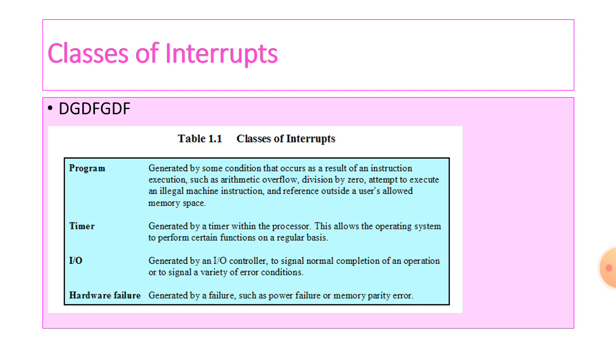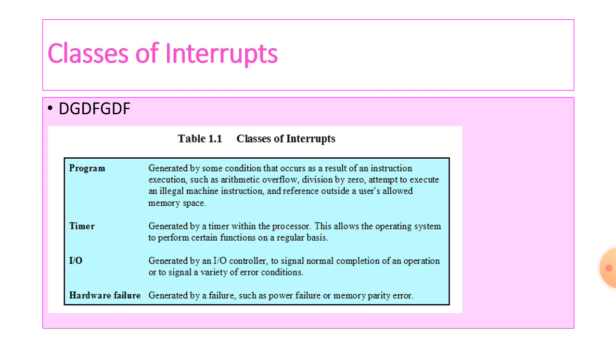Classes of interrupts. Program: generated by some condition that occurs as the result of an instruction execution such as arithmetic overflow, division by zero, attempt to execute an illegal machine instruction, and references outside a user's allowed memory space. Timer: generated by a timer within the processor.